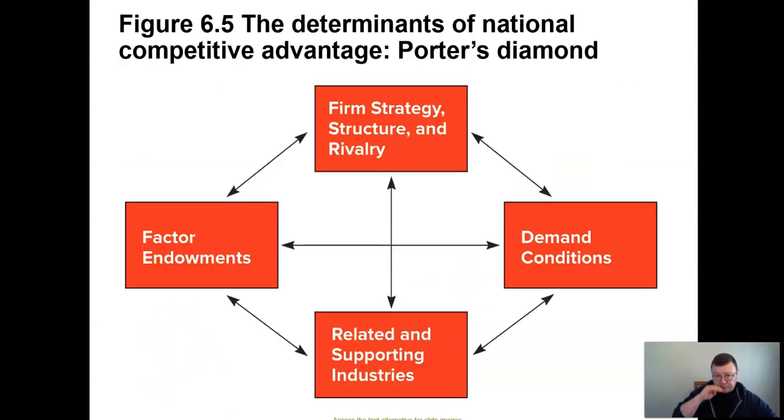His model is called the diamond, and you can see it's shaped like a diamond here. Your factor endowments are related to your related and supporting industries. The related and supporting industries are related to the demand conditions. The demand conditions are related to the firm strategy, structure, and rivalry, and all of these things are related to each other. All right? So I think that's pretty clear, but if you have any questions about how that works, you can send me an email and ask me any questions you might have.